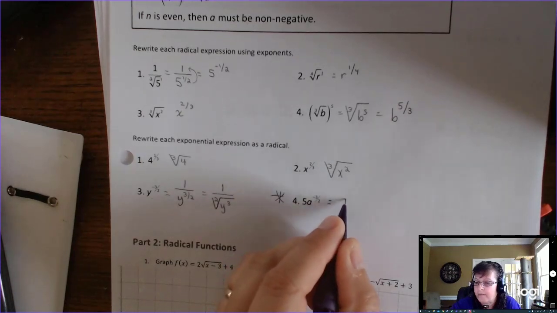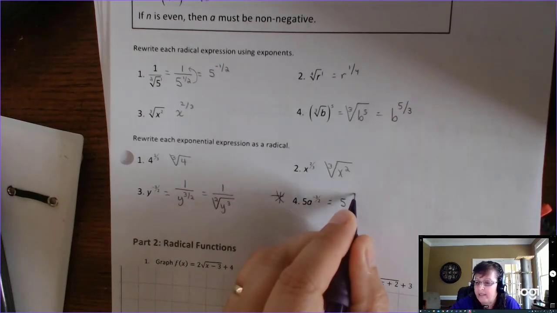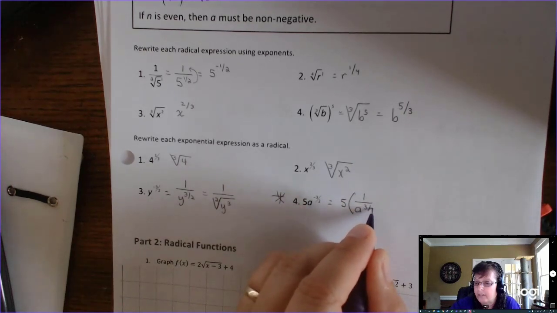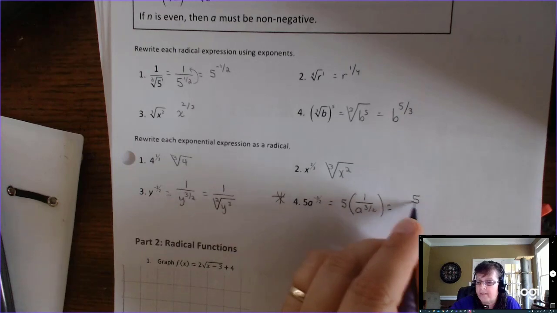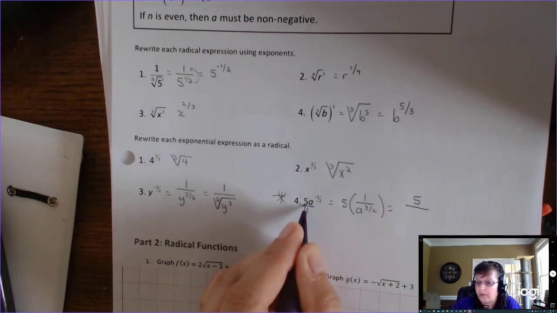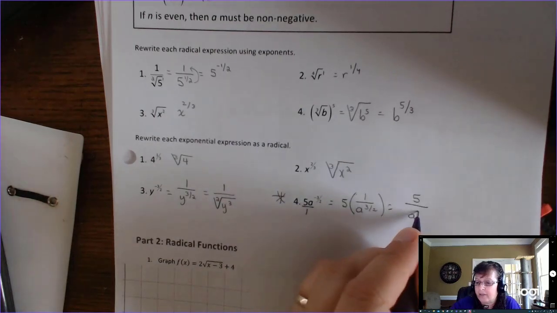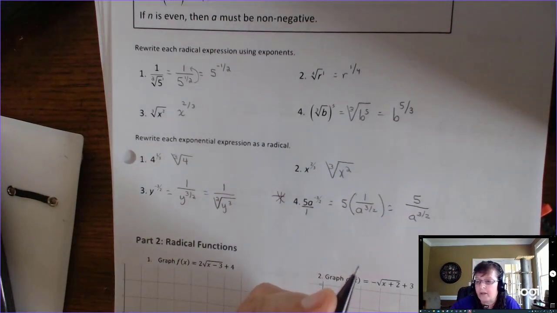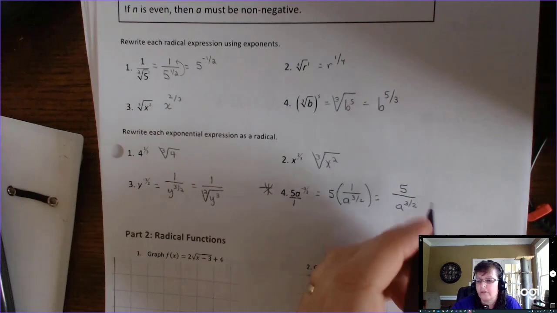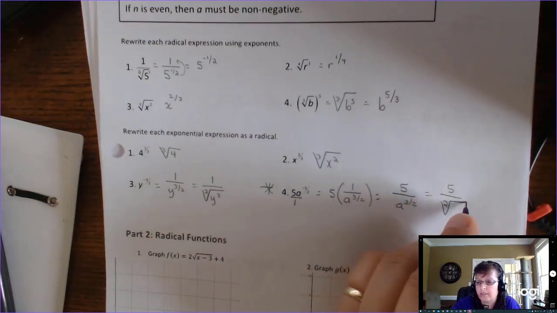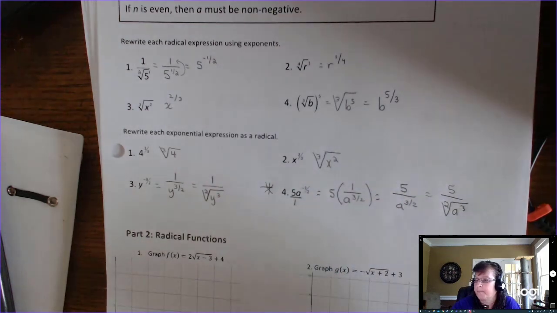That's going to be 5 times 1 over a to the 3/2. Or 5 stays in the numerator like it was, but the a to the negative 3/2 goes to the denominator as a to the positive 3/2. So then that would be 5 over, index would be 2, square root of a cubed.